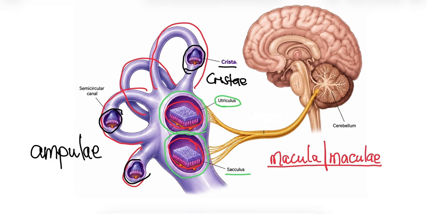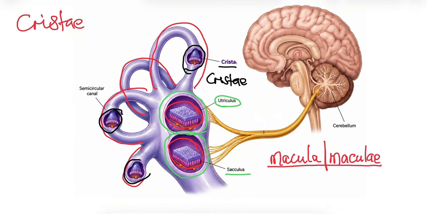Now that we have identified the receptors, let us also look at the stimuli that would be responsible for stimulating each of those receptors. Let me just erase this to create some space. Inside the semicircular canal, like we said before, we have the cristae. The cristae are stimulated by two things.